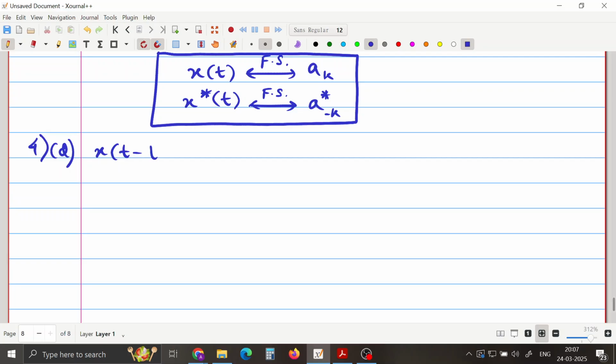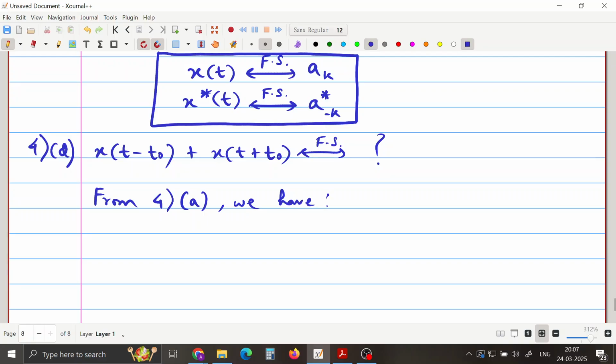So you need to find the Fourier series coefficient for this term here. From 4a, we already have that x of t minus t naught had an exponential Fourier series coefficient given by a_k times e power minus jk omega naught t naught, right?